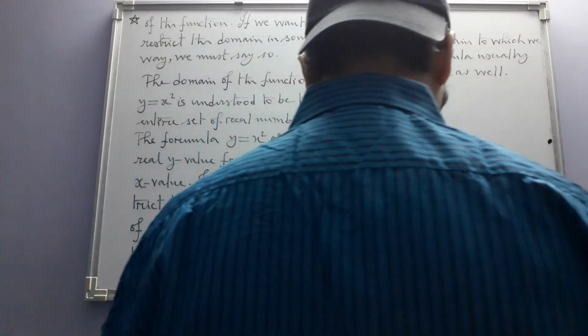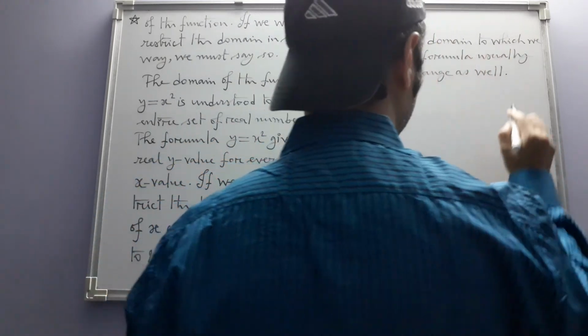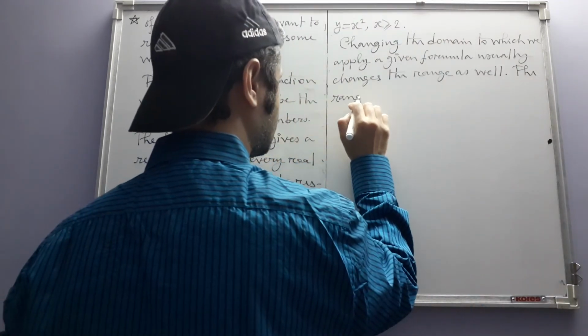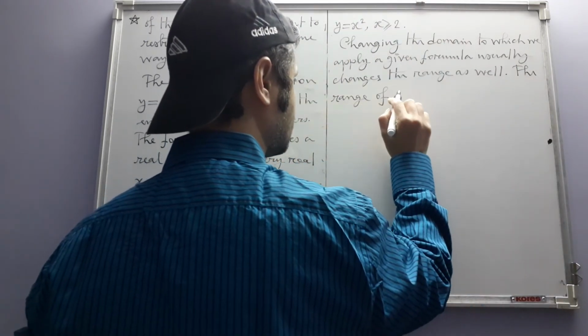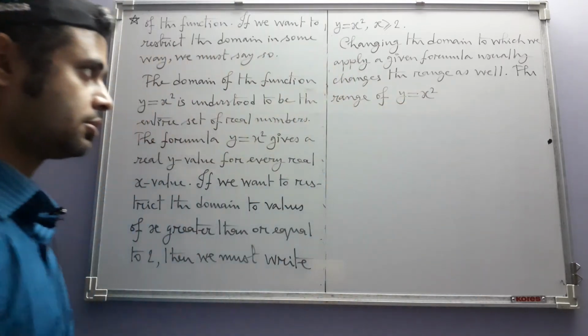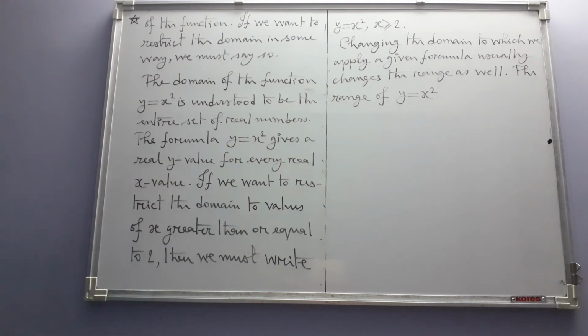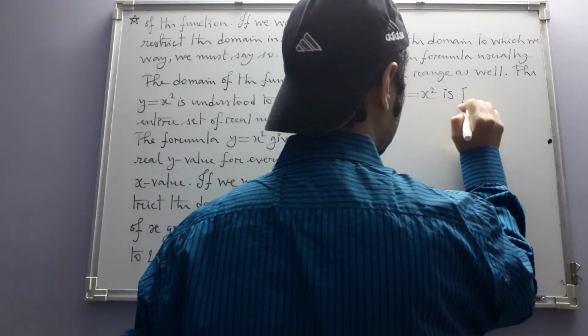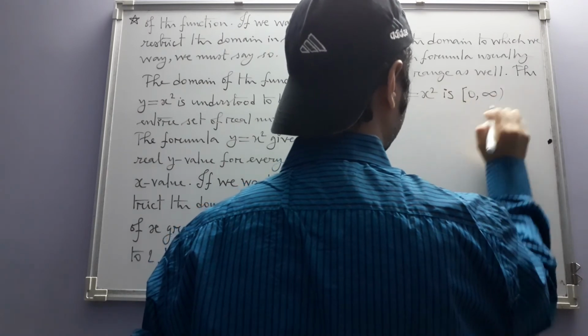For example, the range of simply this function y equal to x square, whose domain is the entire set of real numbers, is the set of all non-negative real numbers.